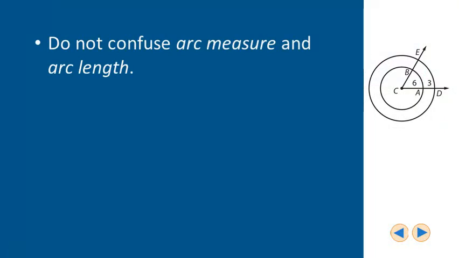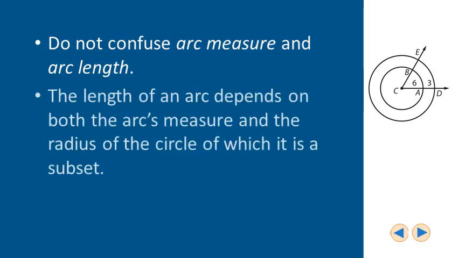Now, as it states in the middle of page 361, let's not confuse arc measure and arc length. The length of an arc depends on both the arc's measure and the radius of the circle of which it is a subset.